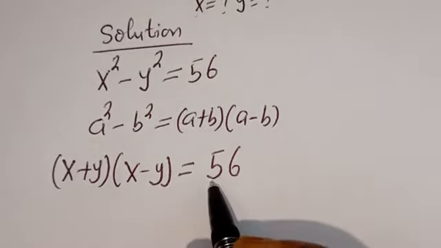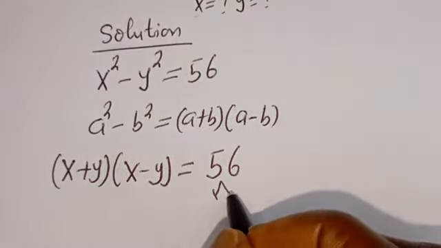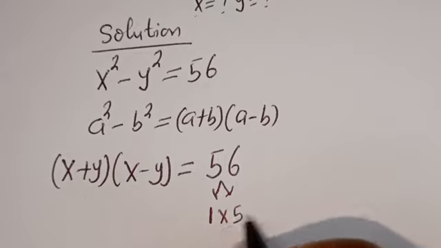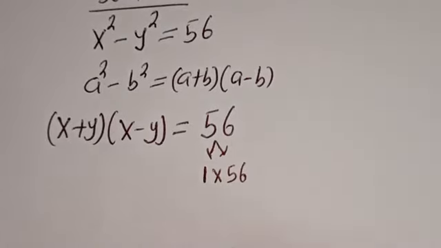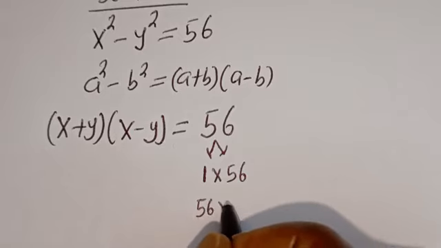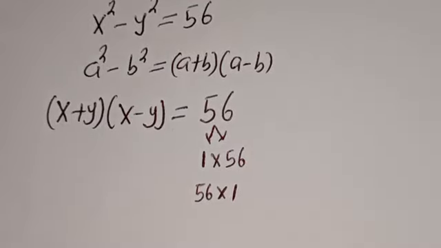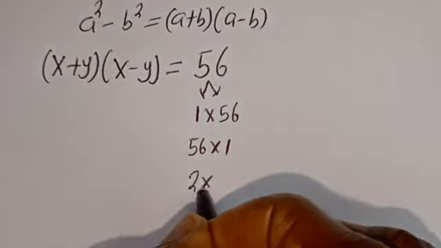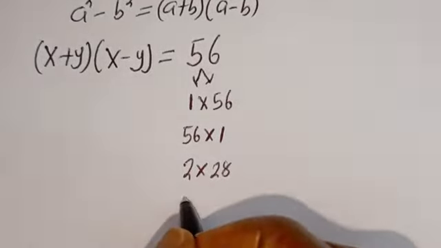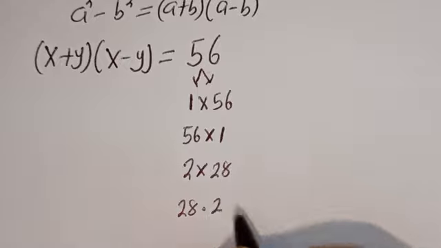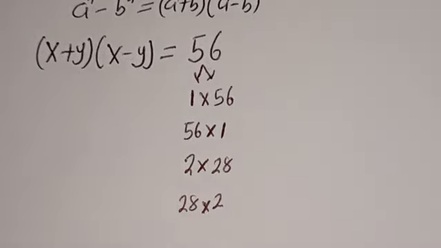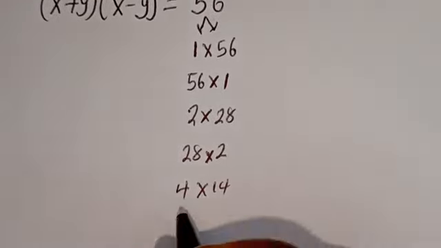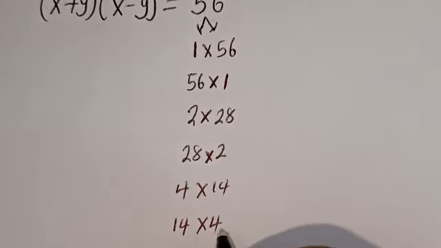Now here 56 is a product of 1 multiplied by 56, then 56 multiplied by 1, then 2 multiplied by 28, 28 multiplied by 2, and 4 multiplied by 14, and 14 multiplied by 4.